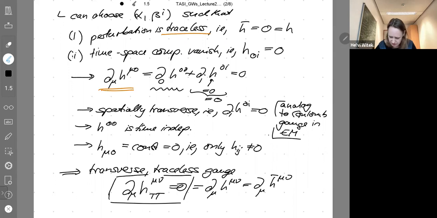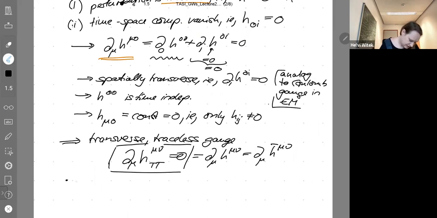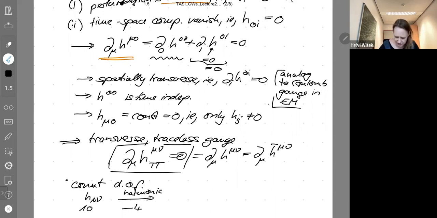Okay, and now we have exactly what I promised. If we count our degrees of freedom, we went from 10 independent components in our original tensor, which is a symmetric tensor. Then we used the harmonic gauge to fix 4 components, so we ended up with 6.